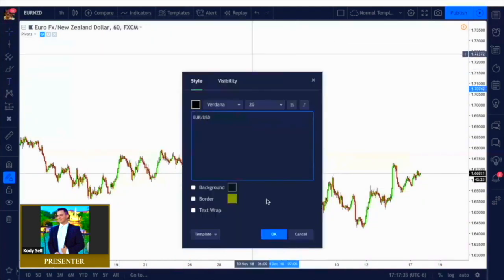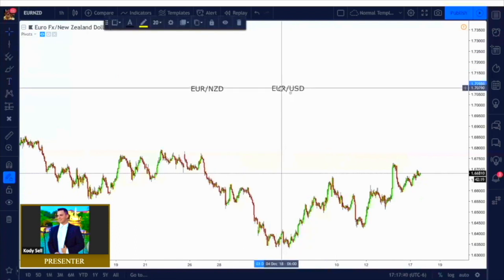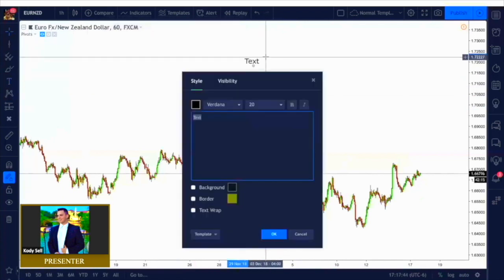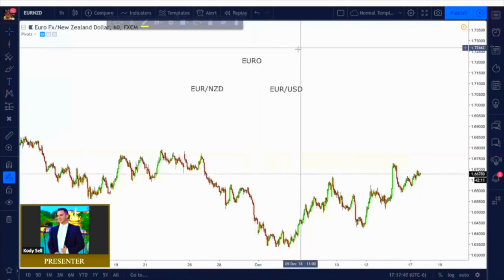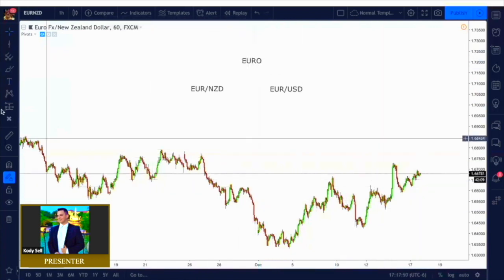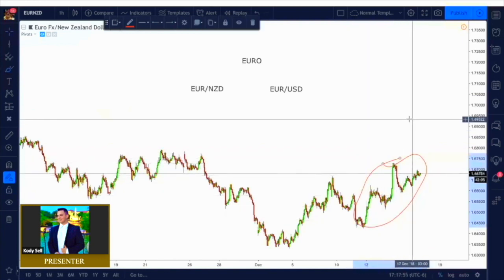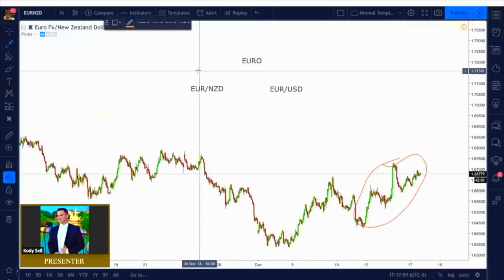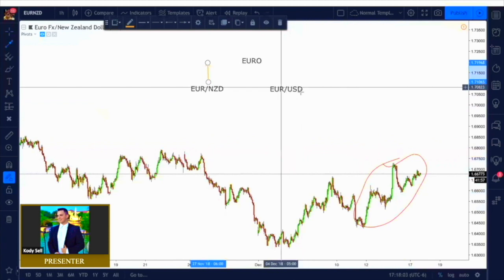If we're doing a currency correlation analysis on the euro, and we're looking at Euro New Zealand, it's rising. Let's put our arrow here. What would we expect Euro USD to be doing?